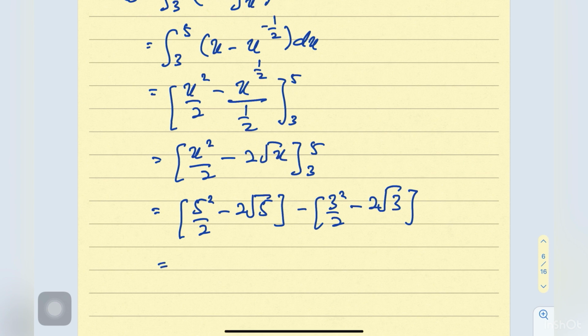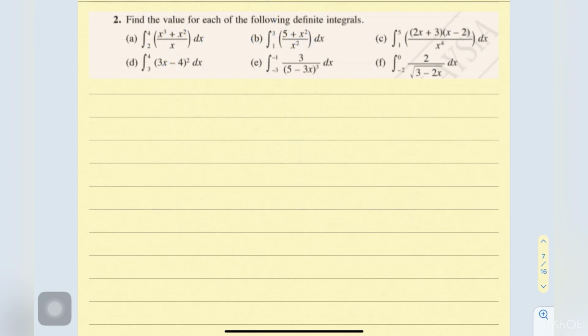This one as well you press the calculator: 6.9920.